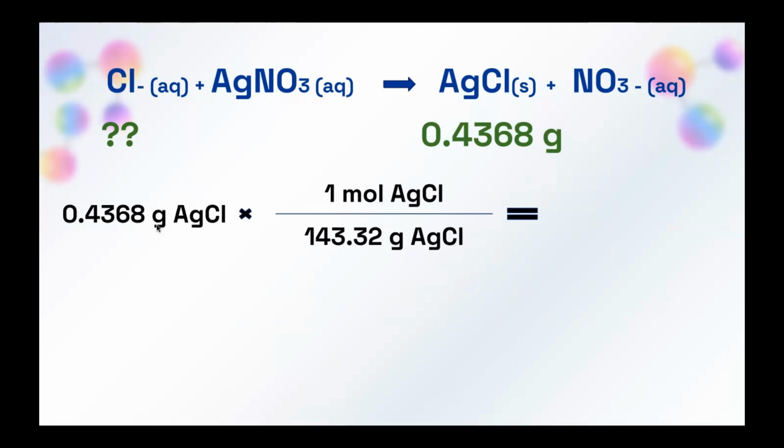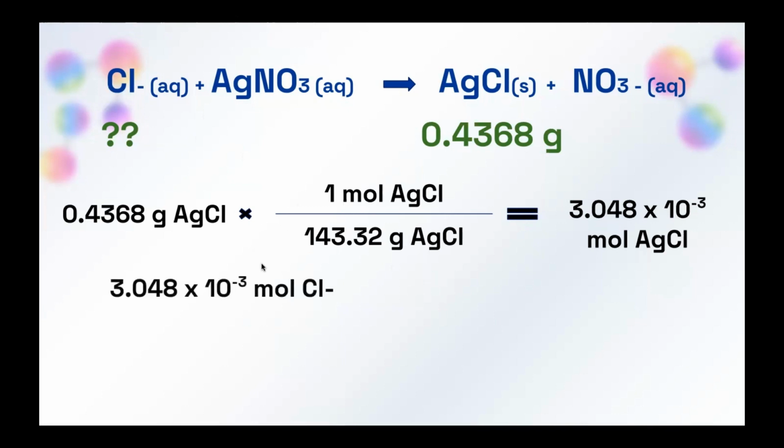So you cancel out the grams AgCl, and then you get 3.048 times 10 to the power of -3 mole silver chloride. And if you look at this, the mole ratio of silver chloride to chloride ion is 1:1. So the mole of chloride ions is also 3.048 times 10 to the power of -3.